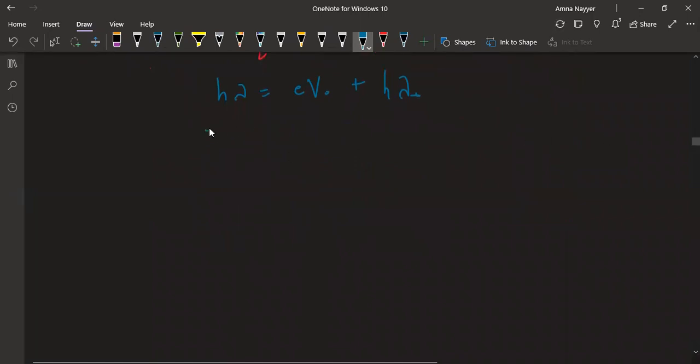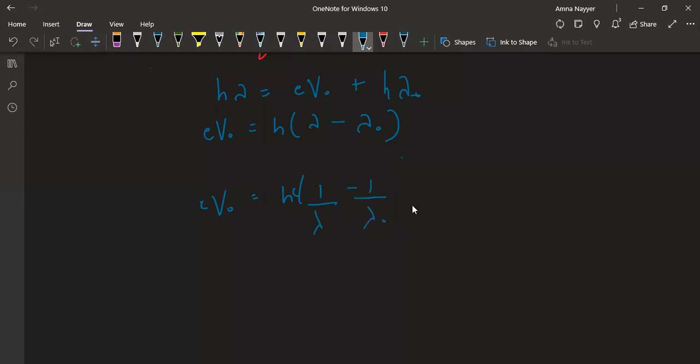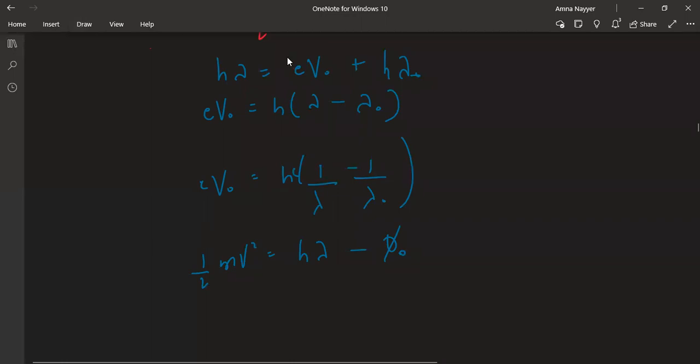So if many times eV naught is asked, kinetic energy is asked, then you can write it as h common, nu minus nu naught, or you can write eV naught as hc common, 1 by lambda minus 1 by lambda naught. Or you can write half mv square is equal to h nu minus work function. So half mv square is equal to h nu minus phi naught also you can write.